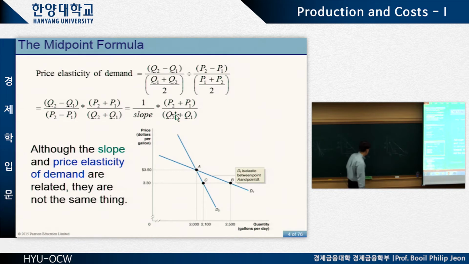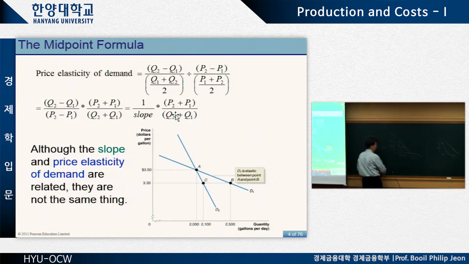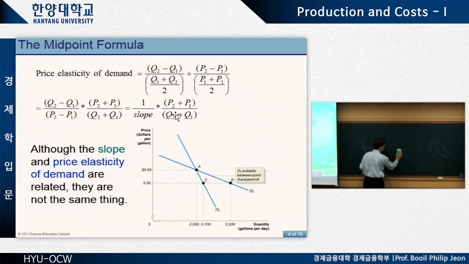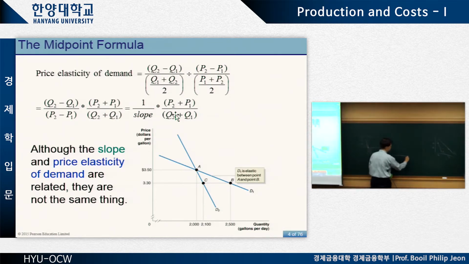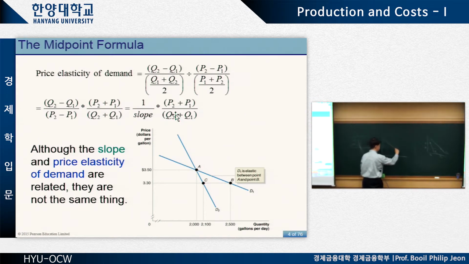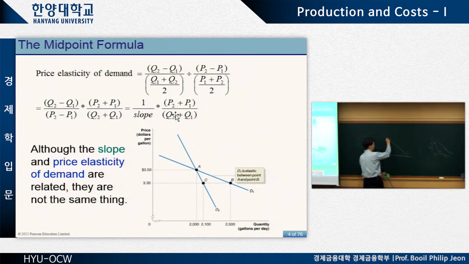Because, let me say one more thing here. If you have a straight linear demand curve like this, then on top of this demand curve, if you calculate elasticity at this point, it's going to be infinity.